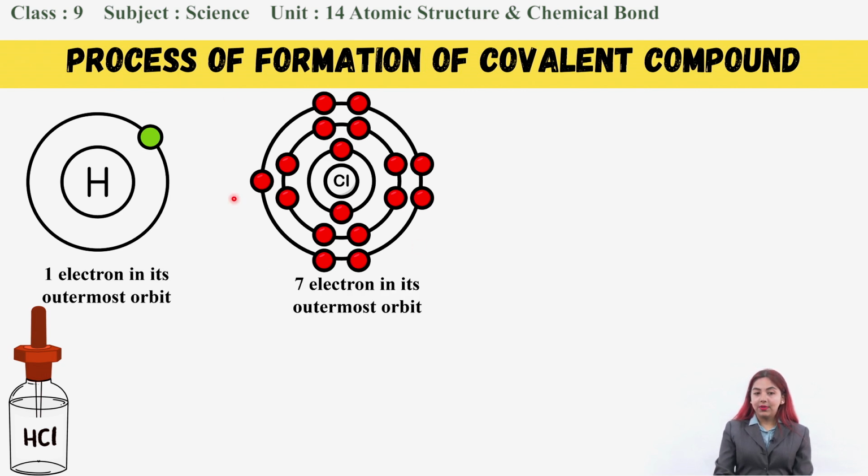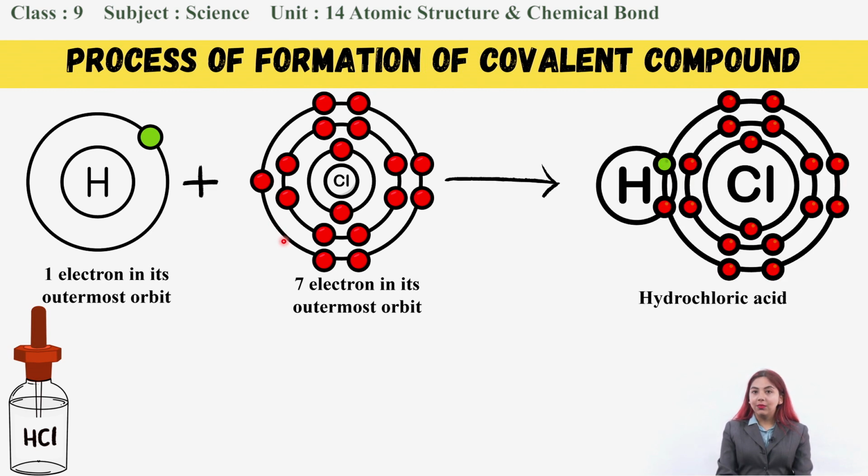So hydrogen needs 1 more electron to reach the duplet state, while chlorine also needs 1 electron in its outermost shell to reach the octet state. So the hydrogen atom and chlorine atom share a single electron pair in their outermost orbits to form 1 molecule of hydrochloric acid.